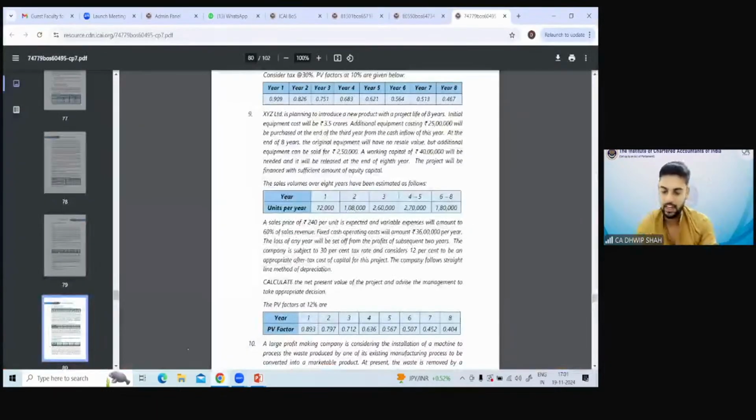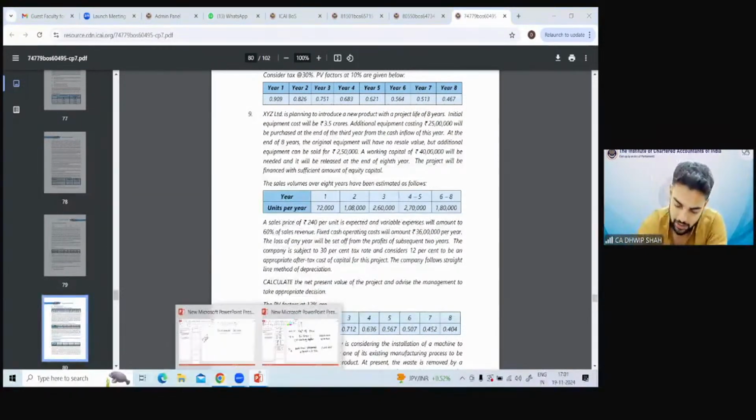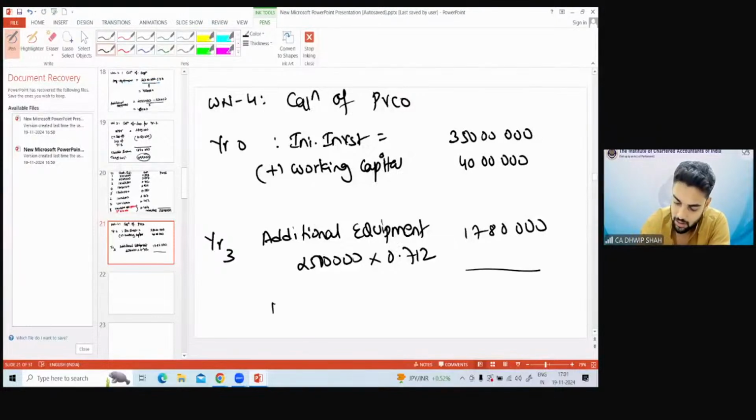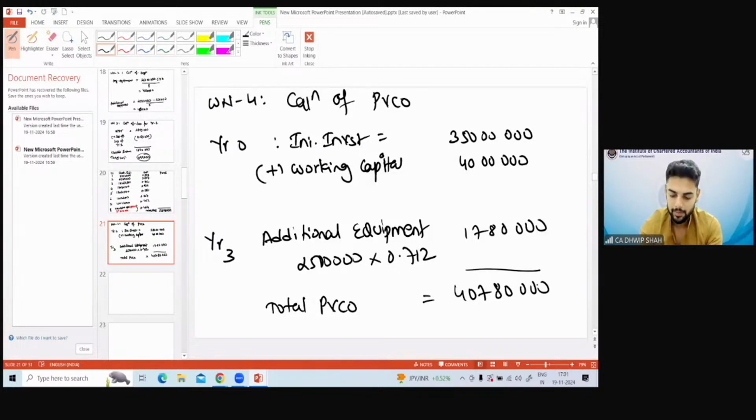Apart from this, are there any other cash outflows? No, I could not see any other cash outflow given in the question. So my total PVCO amounts to 390 plus 17 lakh 80,000. 3 crores 90 lakhs plus that is 4 crores 7 lakh 80,000. Correct?